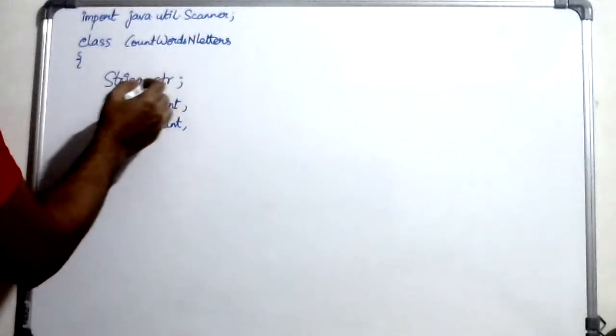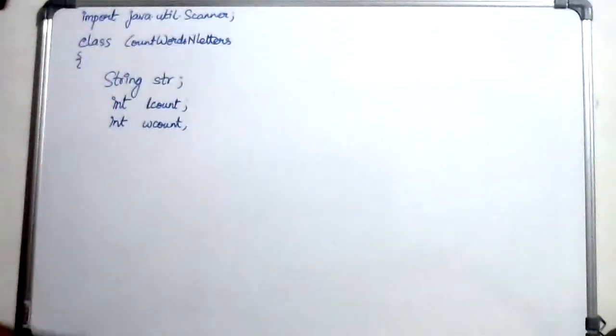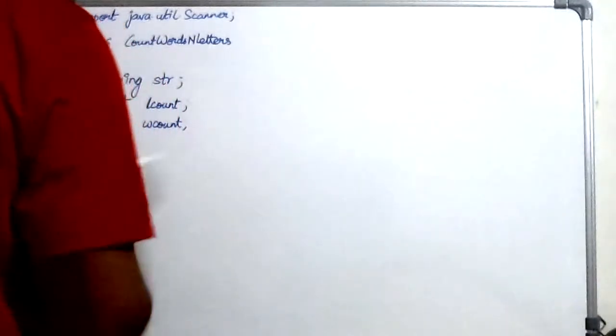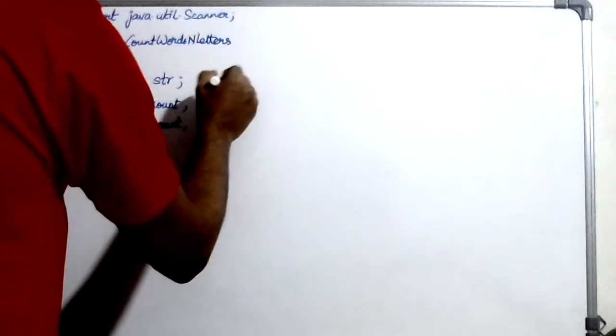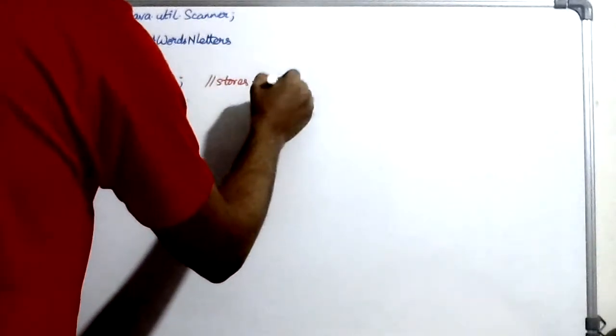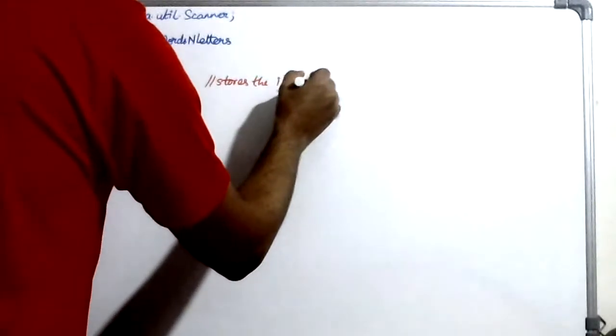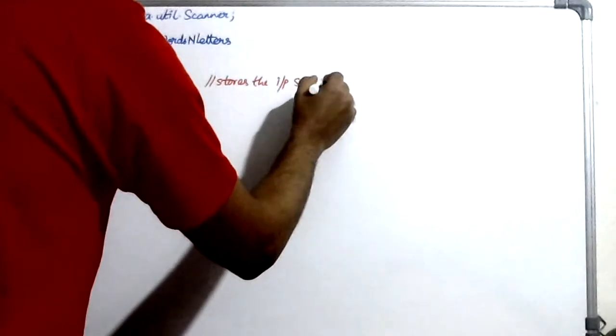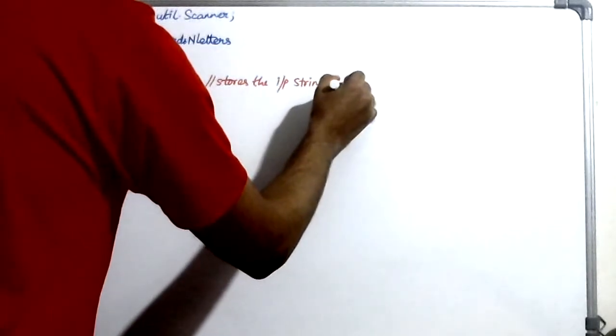The first one is a string variable. So let me write down the comment lines. This variable stores the input string or sentence.